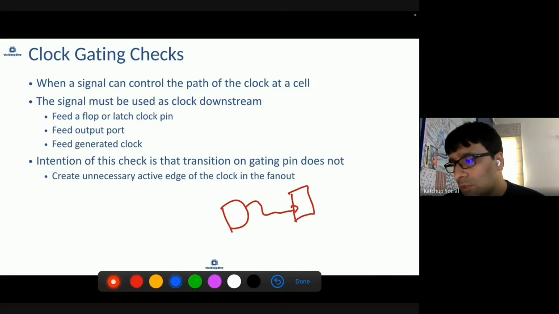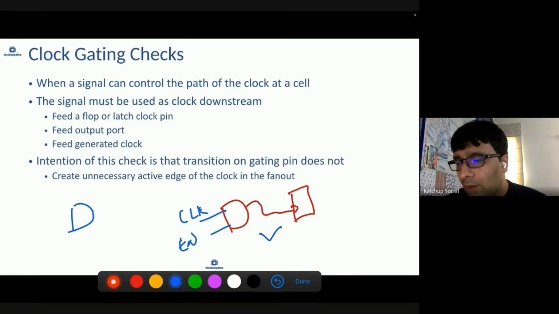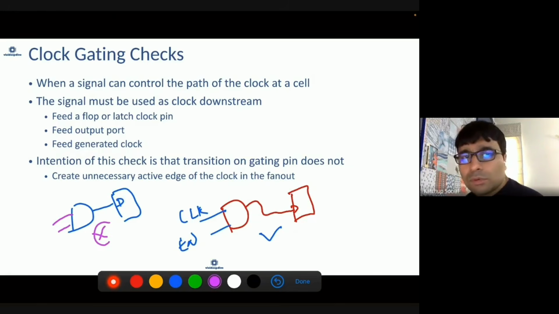That means it is being used as a clock. And this is clock and enable. But if you have an AND gate and it is feeding the D pin of the flop, that means it's not being used as a clock, and no clock gating check will be done. Of course, unless it's a generated clock circuit.